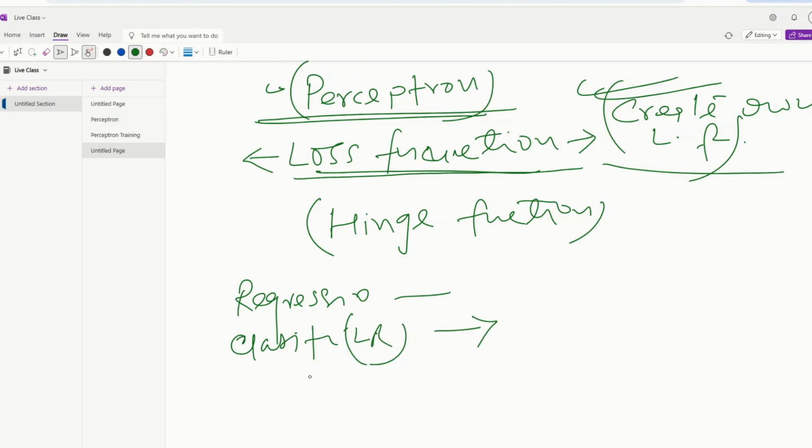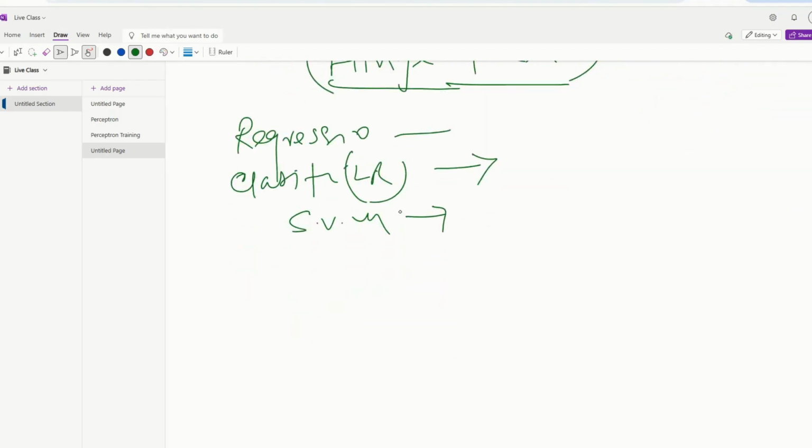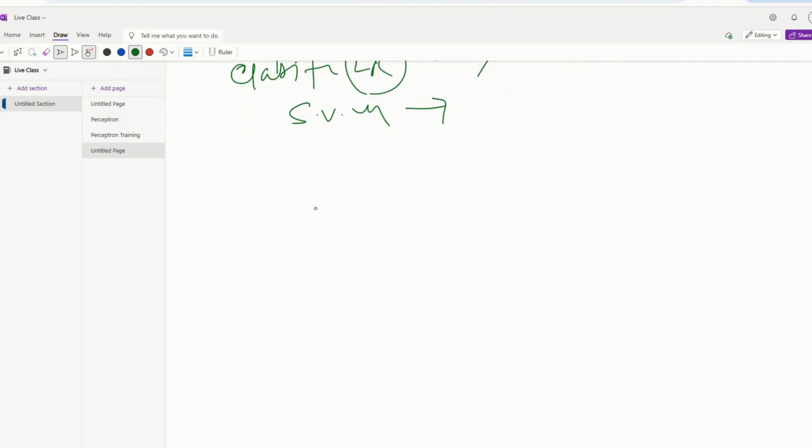In support vector machines, we have a loss function too. All the statistical algorithms have some loss function. In the same way, in the perceptron we have the hinge function, which is considered the loss function. One thing, my friend: the hinge function has a lot of variations. A lot of people don't know that, and they get confused.